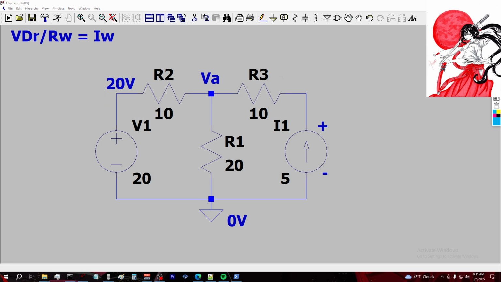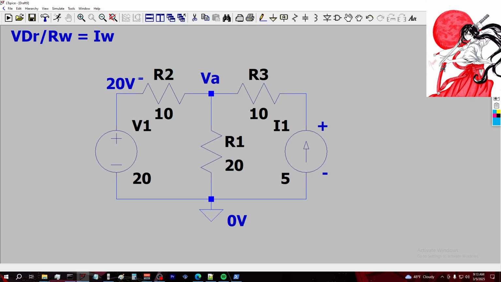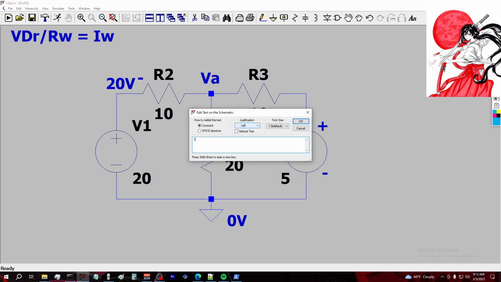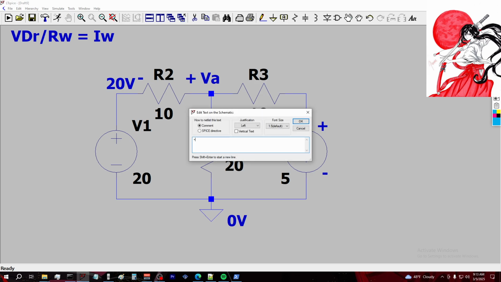All right, so now let's label our points of the battery. Now we know, obviously, VA is the high potential, theoretically here. So let's label that. We got VA, negative VA, low potential, high potential here. So let's write that equation down real quick. We're going to do VA minus 20 volts divided by 10 ohms.